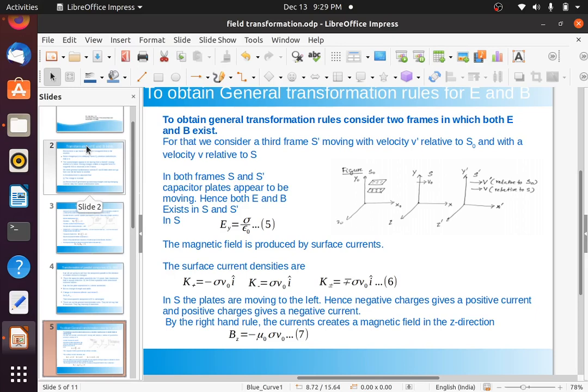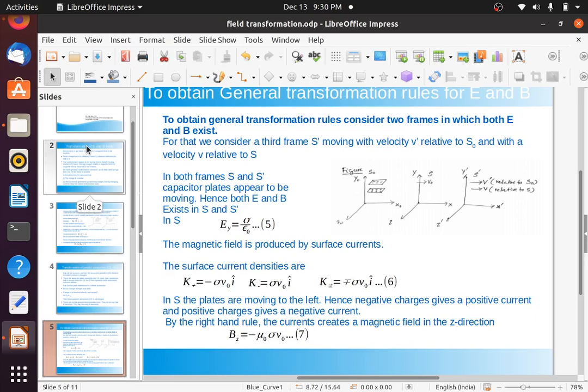So two different magnetic fields arise apart from the electric field. So it is possible to try for some transformation relation between the electric and magnetic fields from the S and S dash frames. That is measured on the plates which are kept fixed in the S0 frame.